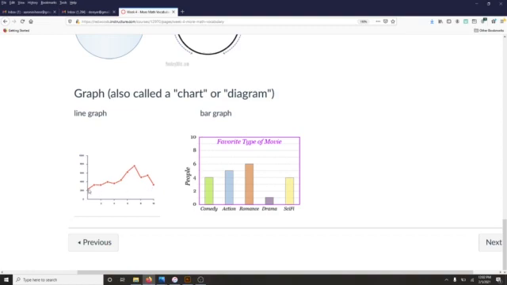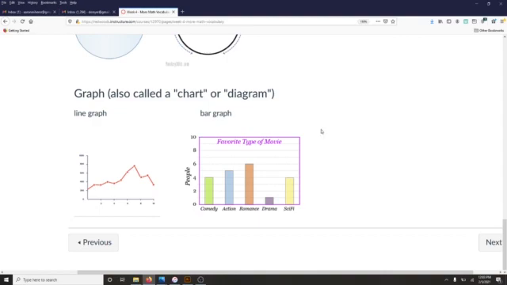And that's because we have a line that shows the information. So it's called a line graph. And this one is called a bar graph because these are called bars. So each of these is a bar on the bar graph.